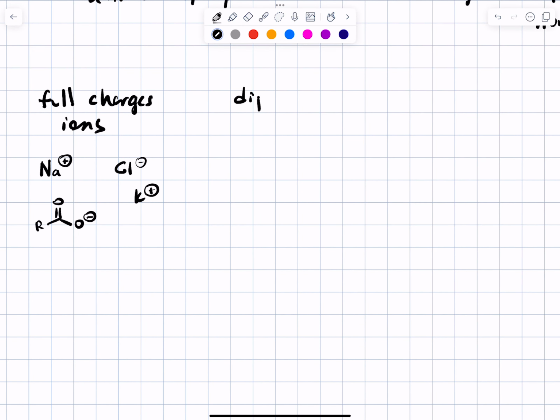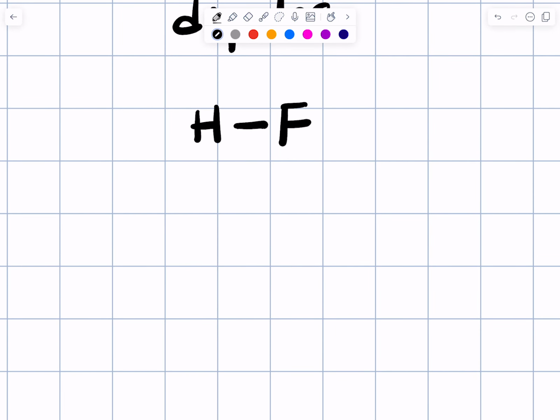Okay, so that's one example of charge. Then you've got dipoles. Dipoles are related to bonds where the two things in the bond do not have the same electronegativity. So an example of a dipole might be HF, in the molecule HF, where you know fluorine's more electronegative than hydrogen. So the hydrogen should have Greek letter delta, positive charge on it.